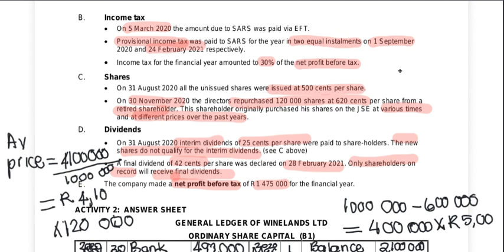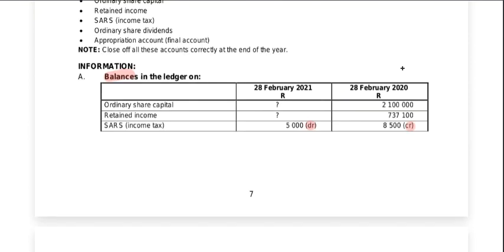Sometimes they will give you the net profit after tax, so you need to know what the percentage of income tax is, and you will have to reverse calculate your net profit before tax using your net profit after tax. So these are all the things that you should be aware of. So this is when math comes into play. So yeah, that's all. See you next lesson.